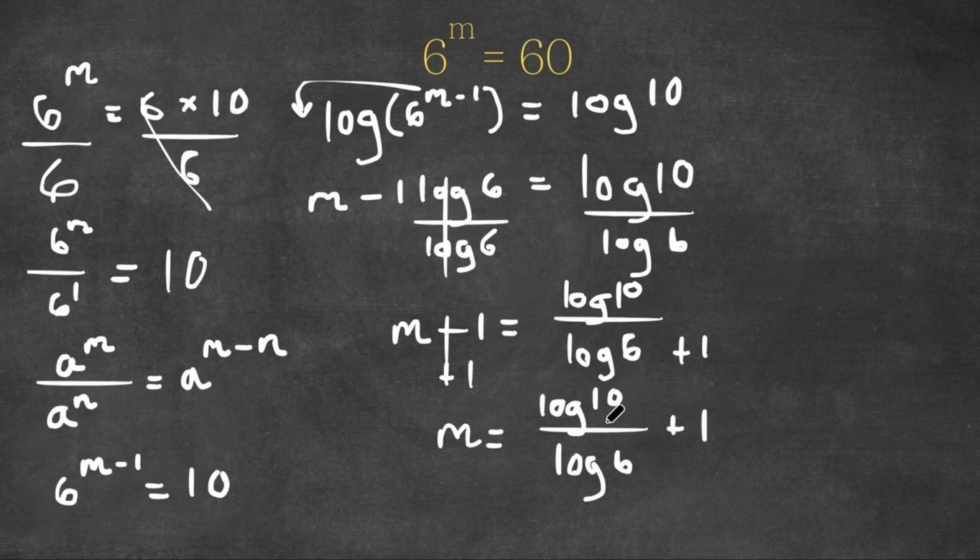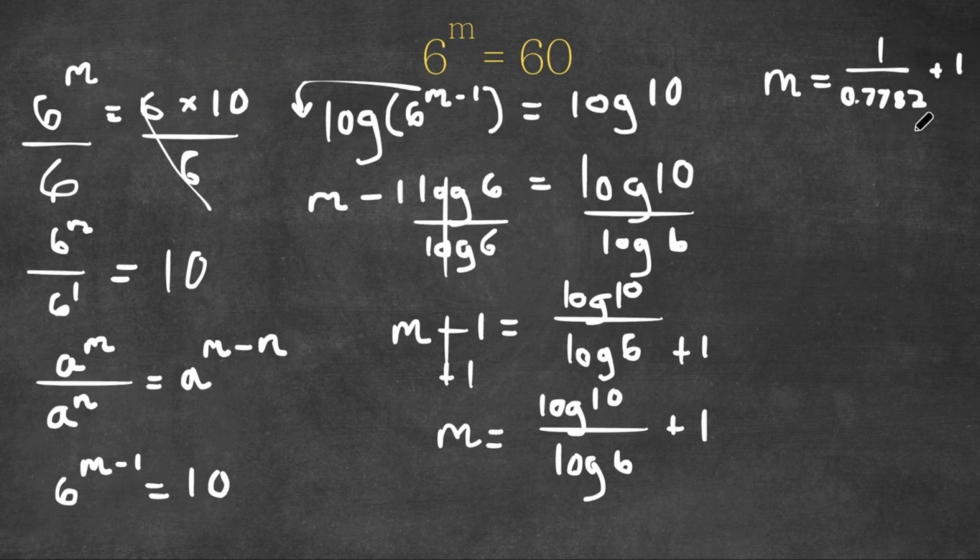Now log 10, as we all know, is simply just 1. So we get m is equal to 1 over log 6, which is approximately equal to 0.7782, and we still have our plus 1.